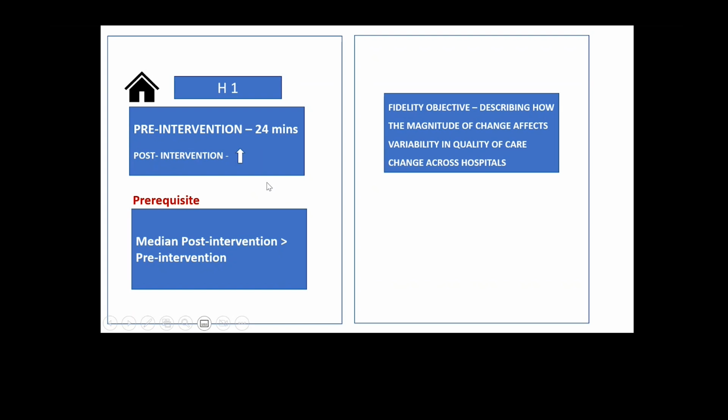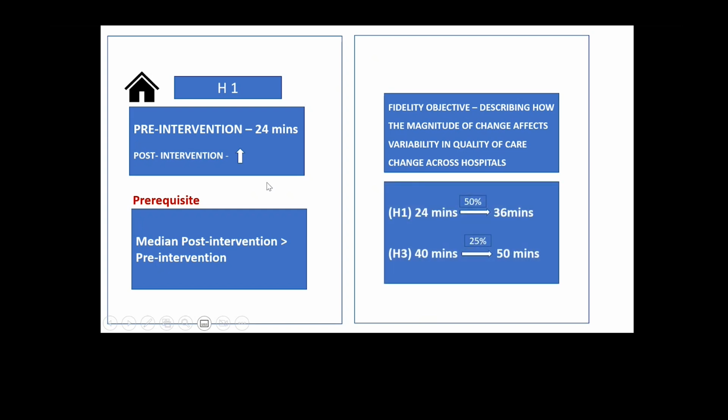So the fidelity objective for this variable will be to describe how the magnitude of change affects how quality of care will change across hospitals. Just to explain, in H1 this was 24 minutes on average. If we're able to move it to 36 minutes in the post-intervention, that's a 50% change in the baseline value.